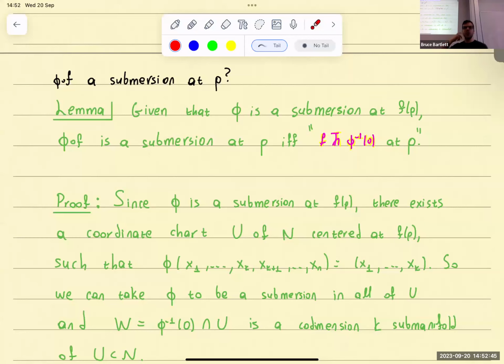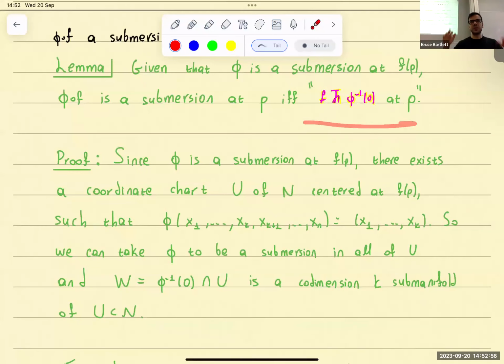I don't know that Phi is a submersion on the entire Phi inverse of 0. So that's why I put this in quotation marks, because technically Phi inverse of 0 is not necessarily a manifold everywhere. But there should be a little neighborhood around F of P such that if I restrict Phi to that neighborhood, I get a submersion throughout it, and therefore I can pull back 0 and get a submanifold that lives within that neighborhood.